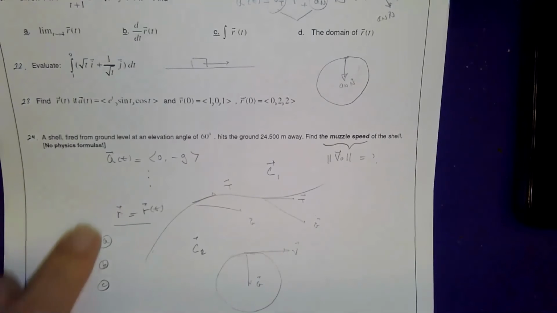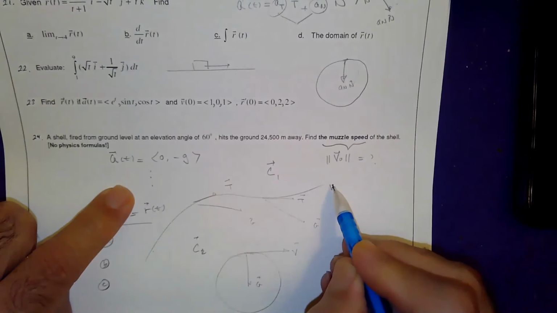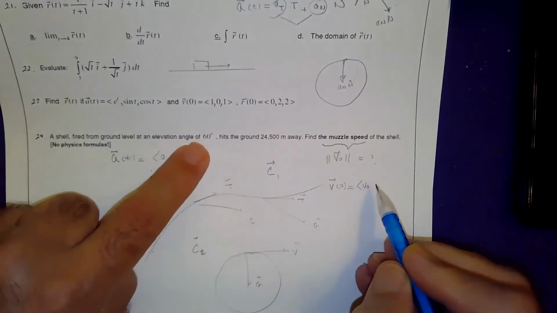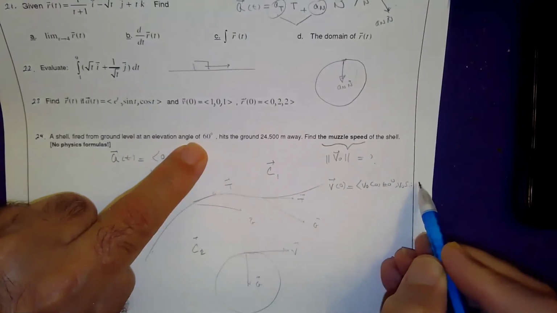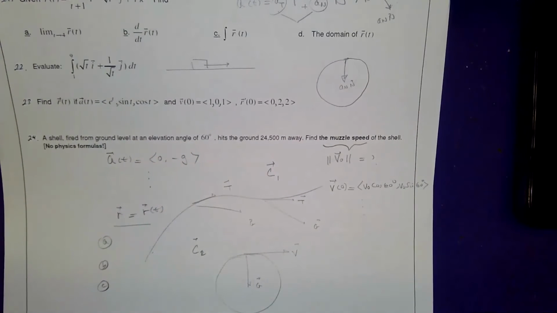So what happens is when you get to expressing initial velocity, you would have V0 cosine of 60 and V0 sine of 60, and you carry this all the way.